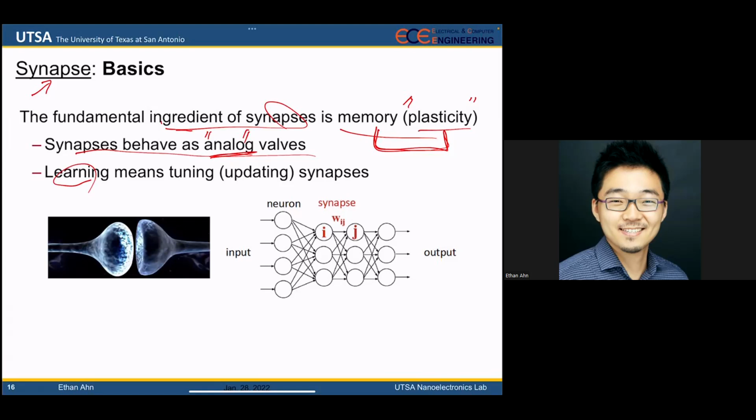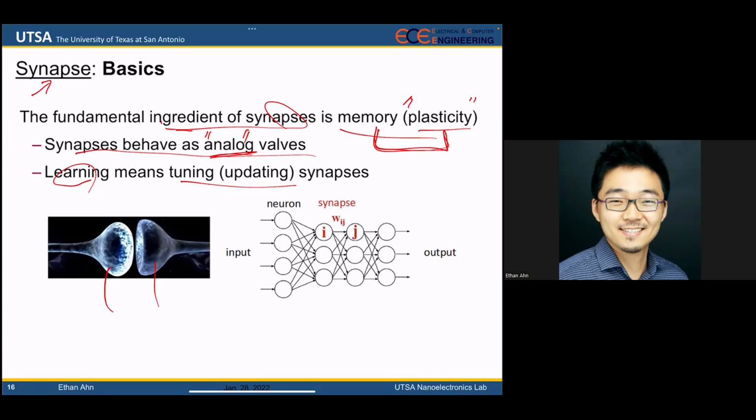This is because we can update or tune these synaptic connections. They can be strong, and they can be weak. How strongly each neuron is connected can be modulated in an analog way, in a grayscale way.